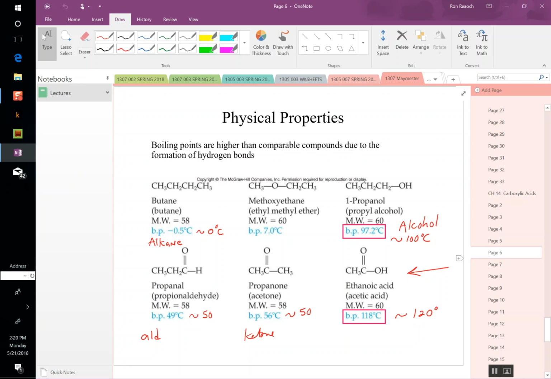We'll talk about esters tomorrow. But you could do 2A, D, and E. You could at least think about those. The rest of them are esters. 2B, C, F, and G are esters. So we'll get to it, and these will probably be due on Wednesday.